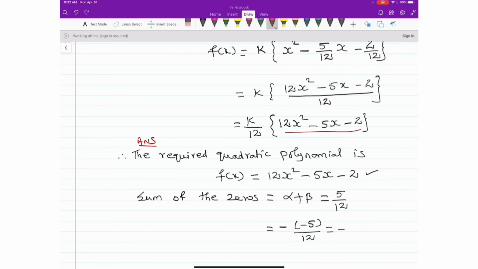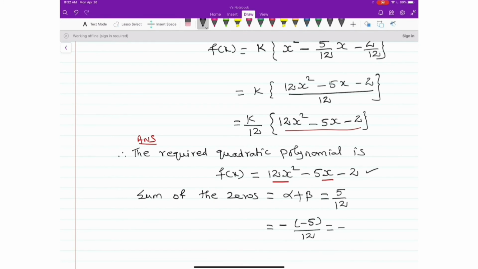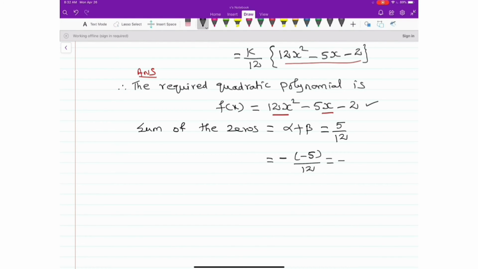It is coefficient of x. And 12 is coefficient of x square. So, I can write over here minus, this minus 5 is nothing but coefficient of x by 12 is coefficient of x square. So, we have verified the relationship. Sum of the zeros is equal to minus coefficient of x by coefficient of x square.